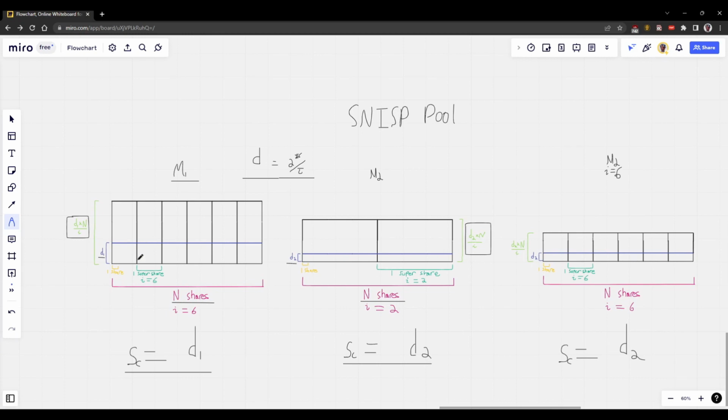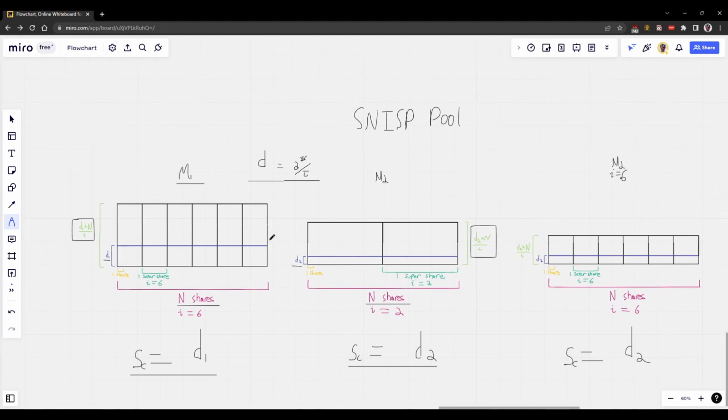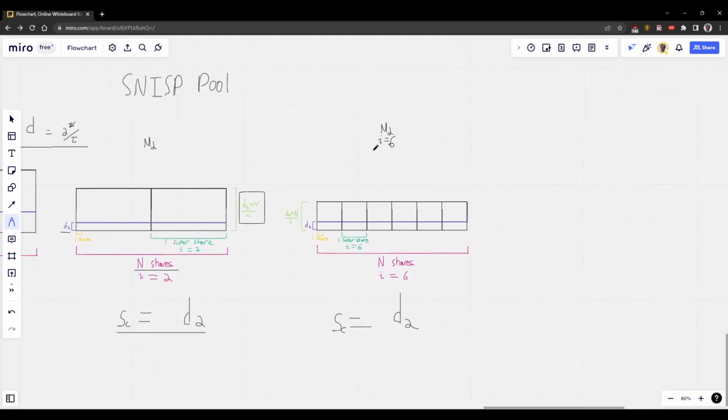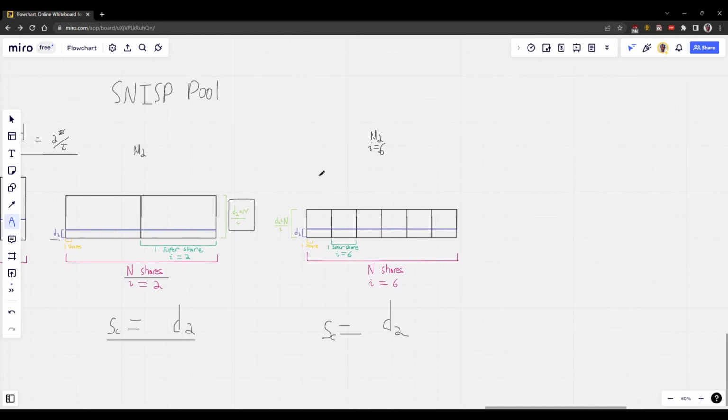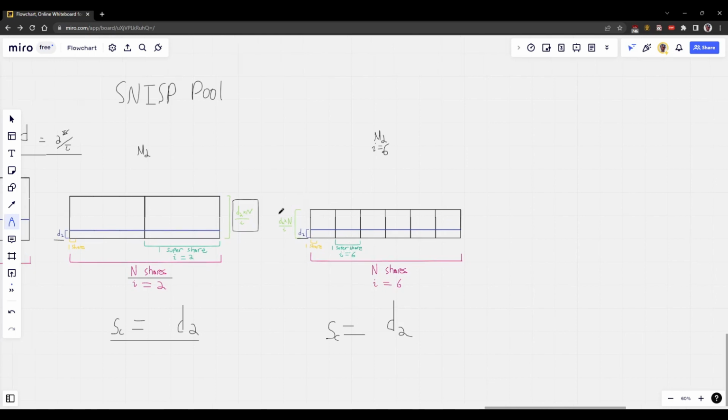Now keep in mind, these levels are arbitrary and they can be essentially chosen by the miner. So here's an example of miner 2 creating a different SNISP. In this case, they're using the same difficulty value, D of 2, but because level I is now equal to 6, the actual D2 times n divided by I is going to be lower.